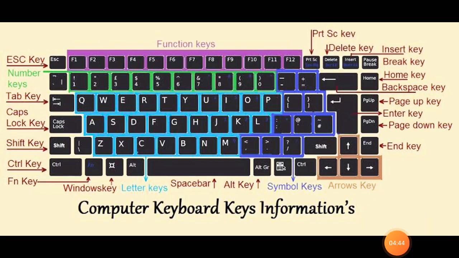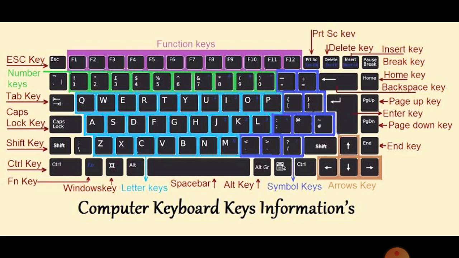Children, as you know, the computer has different types of keys, as you can see on the screen. It shows the names: escape key, tab key, caps lock key, shift key, control key, space bar key, some symbols, arrow keys, function keys, delete key and insert key.